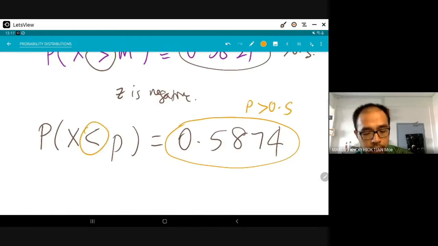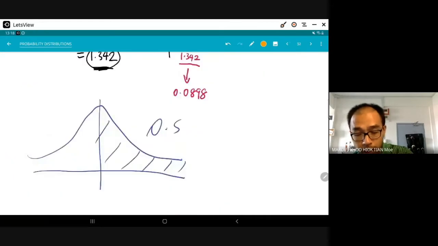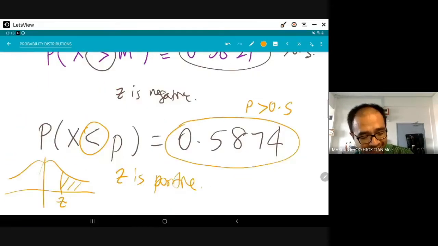The direction is less. Opposite direction. Therefore, Z is positive. Means bila kamu lukis kamu punya ini, this is my Z. Z is positive. Astaga, Z is positive. What am I doing? Z is positive dan oleh sebab dia less bahkan. Less means kurang lah. Sini.